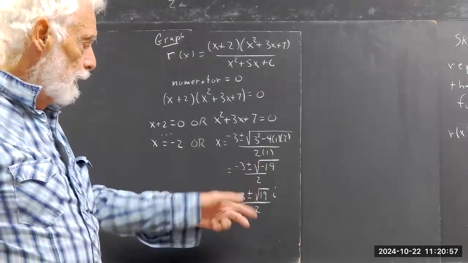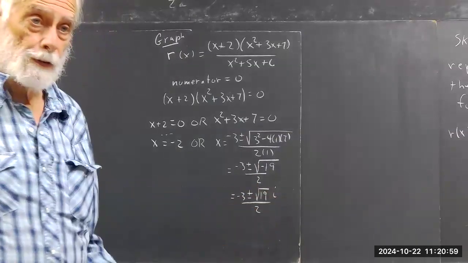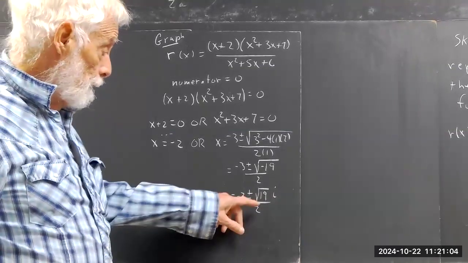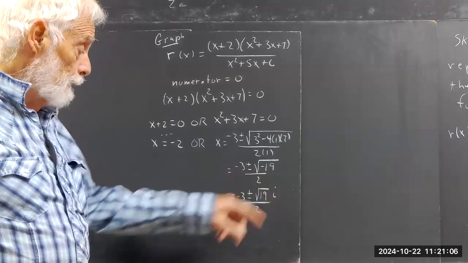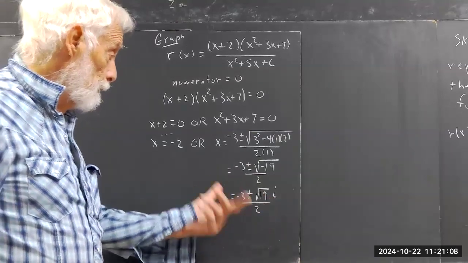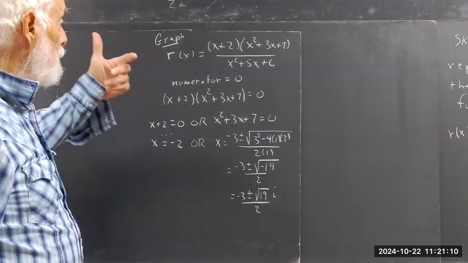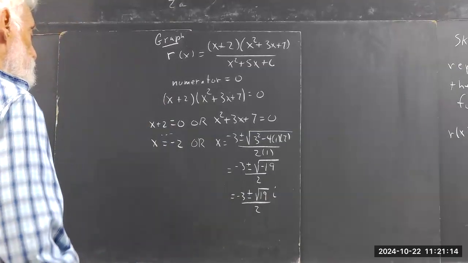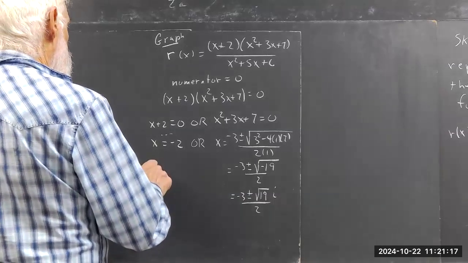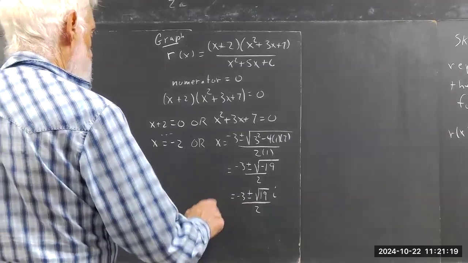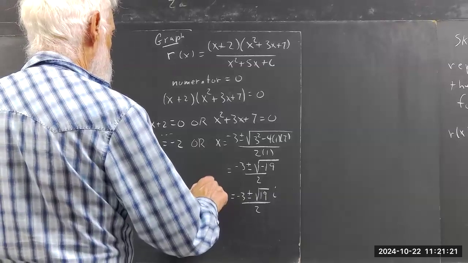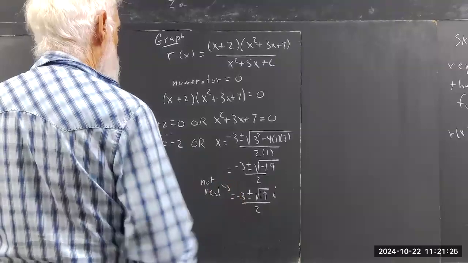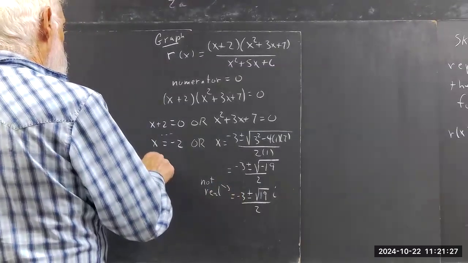Okay, well, if we're at a -19, we can find that square root over the complex numbers, or the imaginary numbers in this case, and there we have it. But that's not a real number. It doesn't give us an x-intercept. So this is not real.